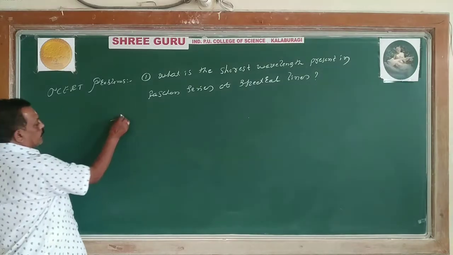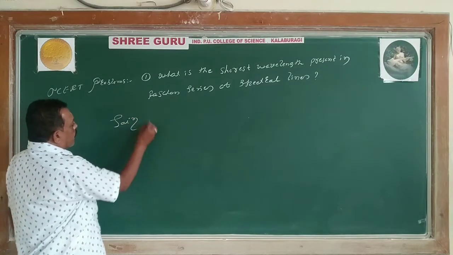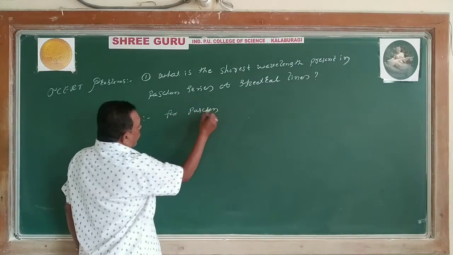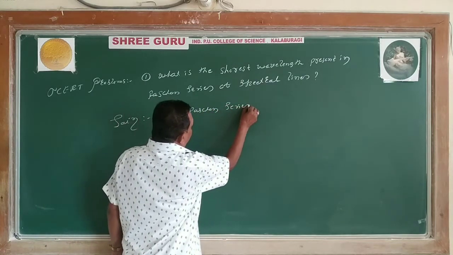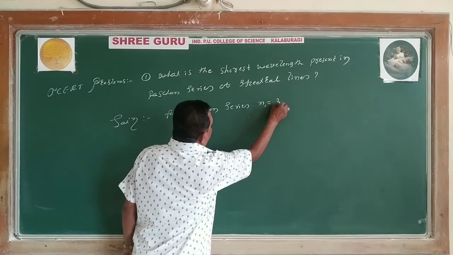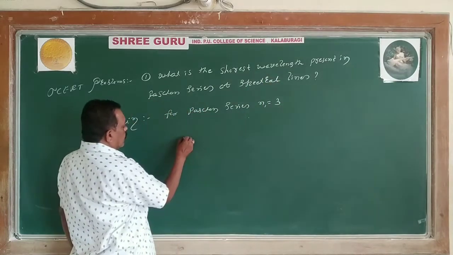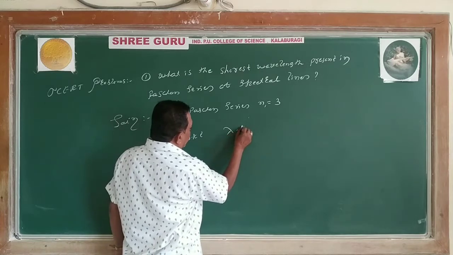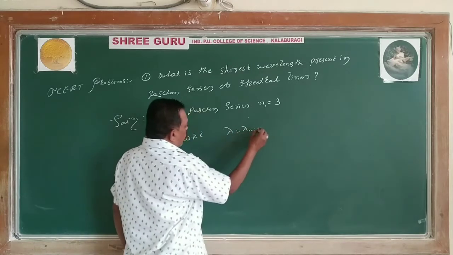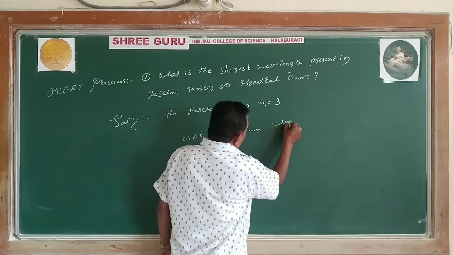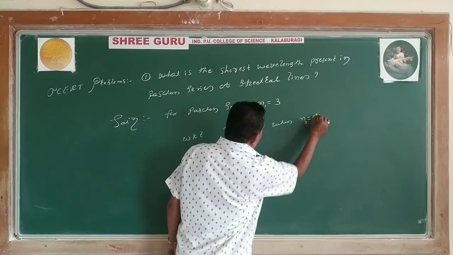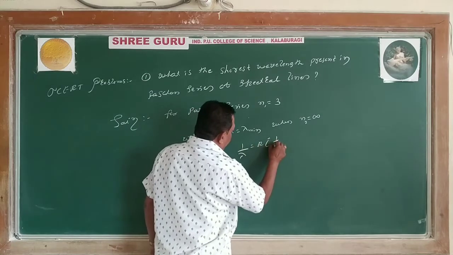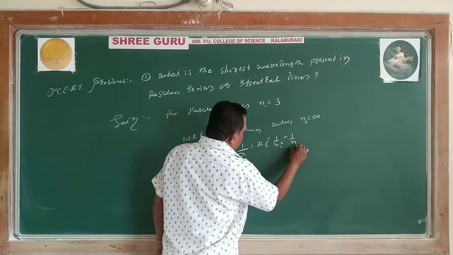Solution. For Paschen series, n1 equals 3. We know that lambda equals lambda minimum when n2 equals infinity. Therefore, 1 by lambda equals R times 1 by n1 square minus 1 by n2 square.